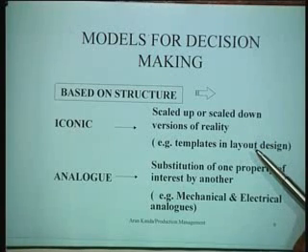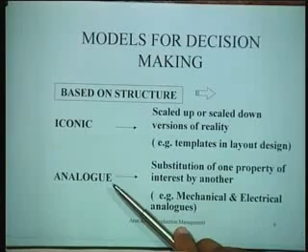But the major problem with these models for decision making is that they are not robust enough. You cannot keep on changing the model parameters, because you will have to construct a new globe and a new model of the atom every time, and therefore their usage for decision making is limited.